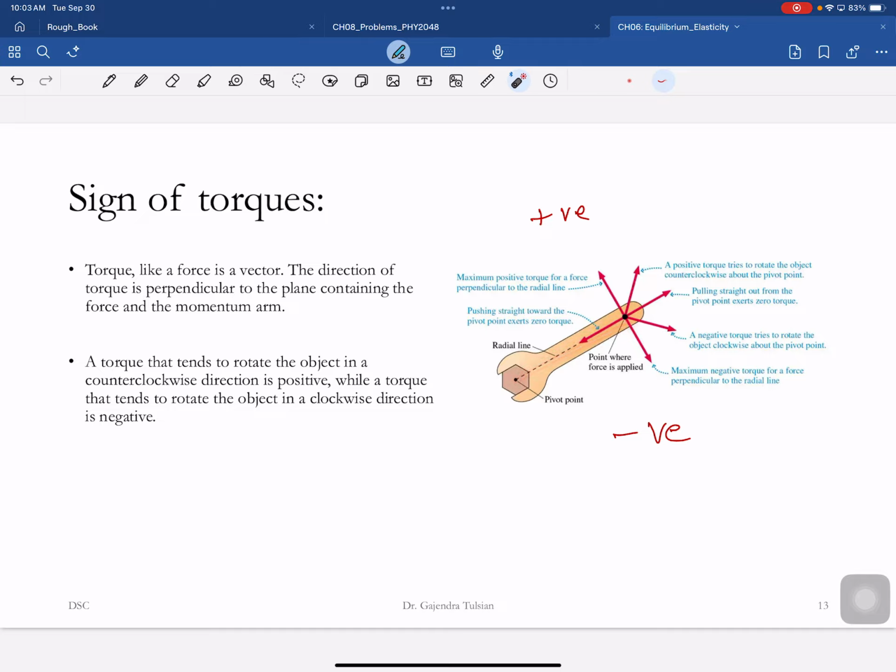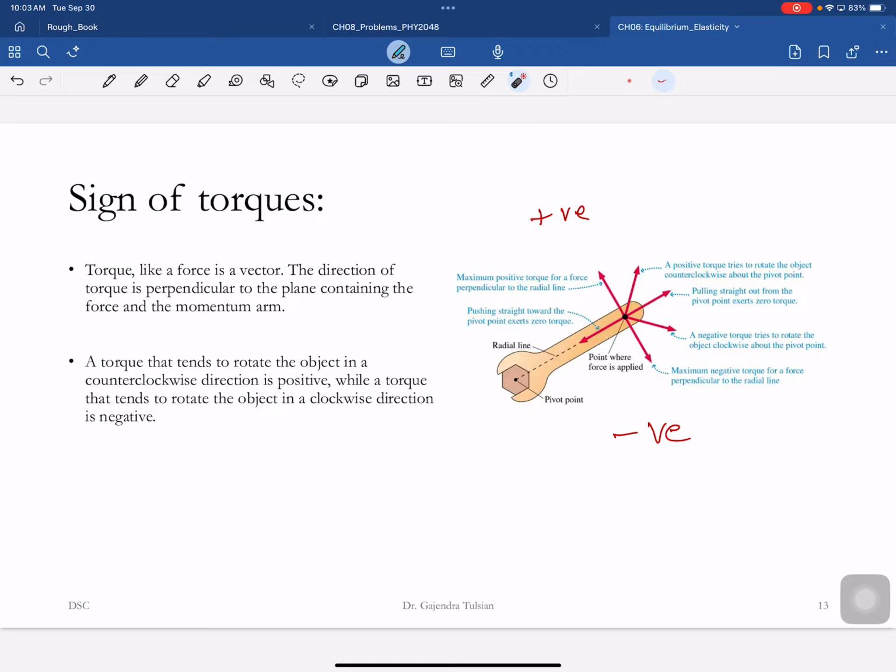Okay. The direction of the torque: here's the crankshaft, here's the pivot point, there's the wrench, and this is the force you're applying. So the direction of the torque is perpendicular to this plane. And again, you don't have to remember this.